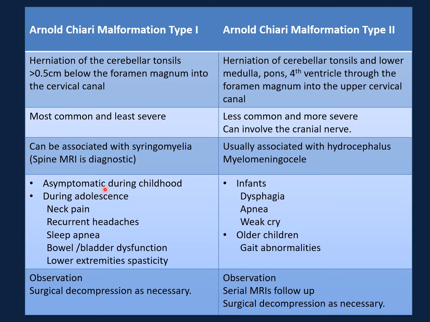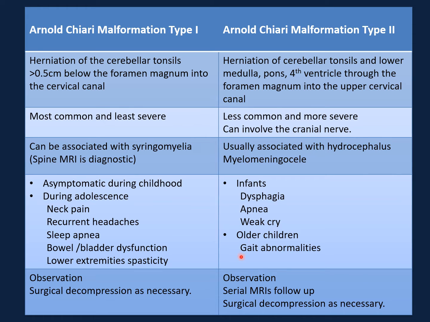Type 1 is asymptomatic during childhood in most cases, and can be found incidentally on brain MRI done for another reason. During adolescence, the child may present with neck pain, so neck pain should be taken seriously all the time in children. Recurrent headaches, sleep apnea, bowel and bladder dysfunction, lower extremity spasticity. Type 2, because it is more severe, may present during infancy with dysphagia, apnea, weak cry.